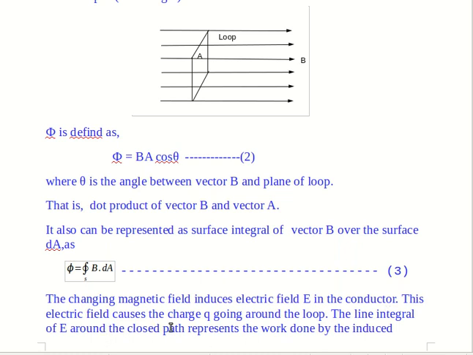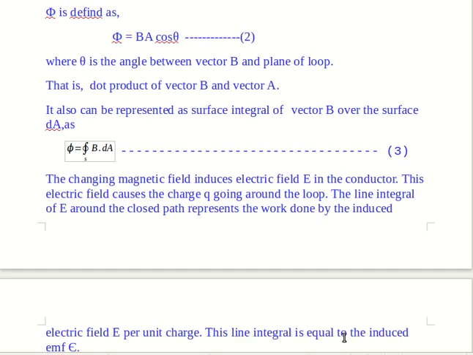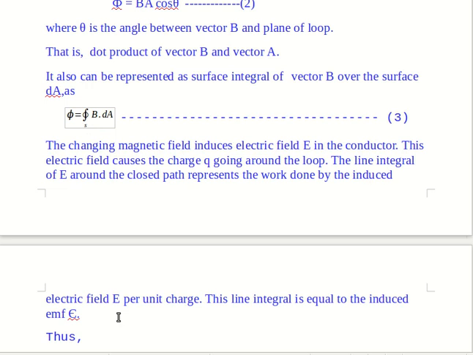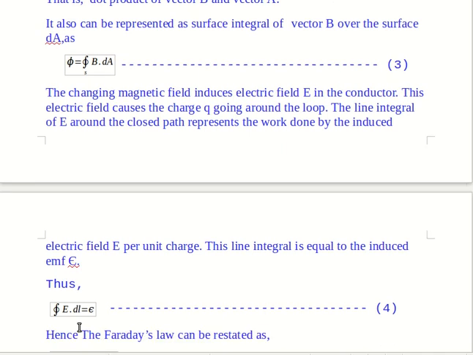This electric field causes the charge Q to go around the loop. The line integral of E around the closed path represents the work done by the induced electric field E per unit charge. This line integral is equal to the induced EMF. So again one can write the induced EMF is equal to the line integral of E dot dl.